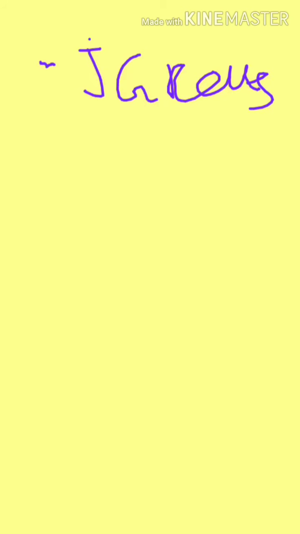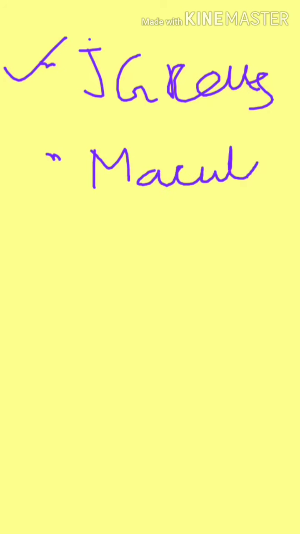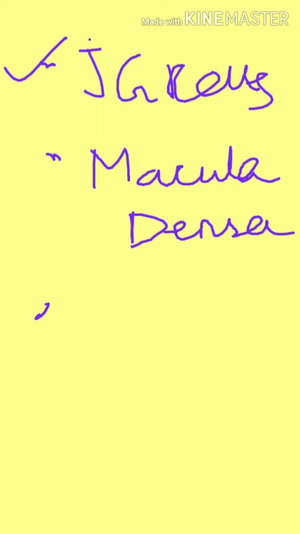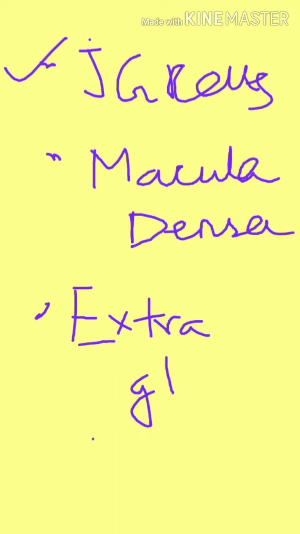JG apparatus generally consists of JG cells, macula densa, and extraglomerular mesangial cell.